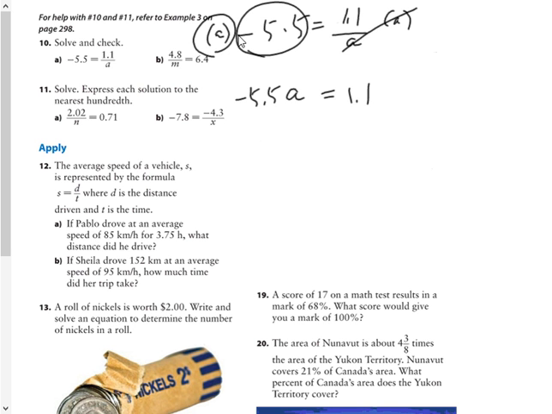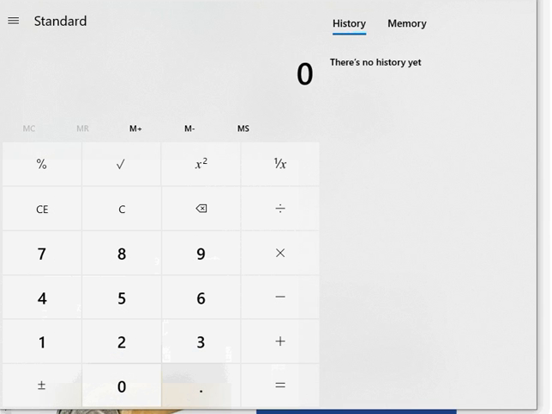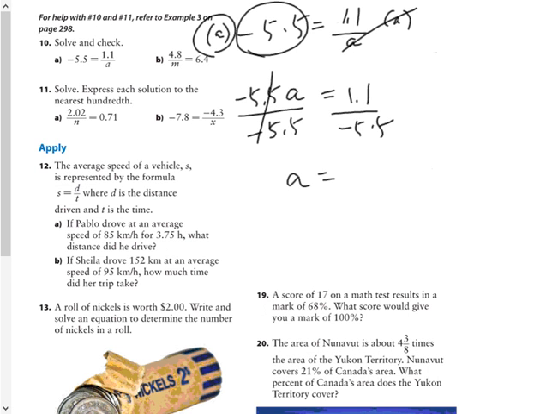Now we're going to divide both sides by negative 5.5, and we're going to get A is equal to 1.1 divided by 5.5, which is 0.2. So it's going to be negative 0.2 because a positive divided by a negative is a negative. So the first one is negative 0.2.